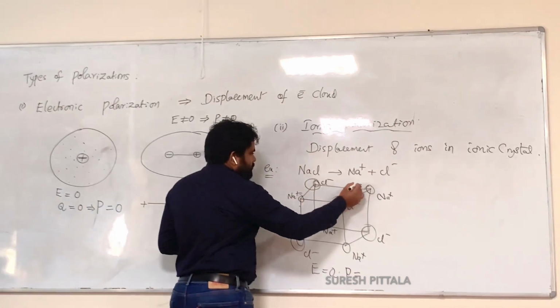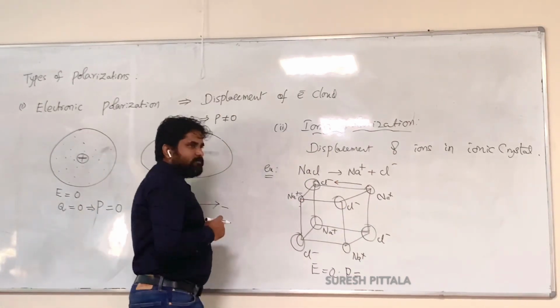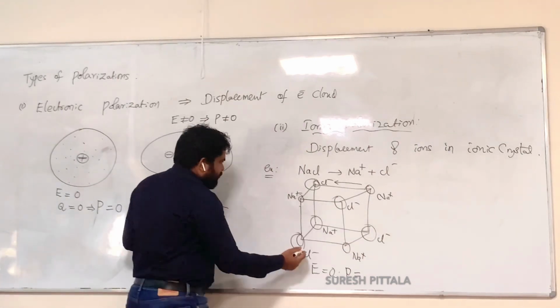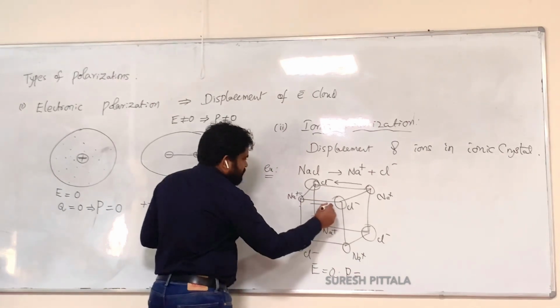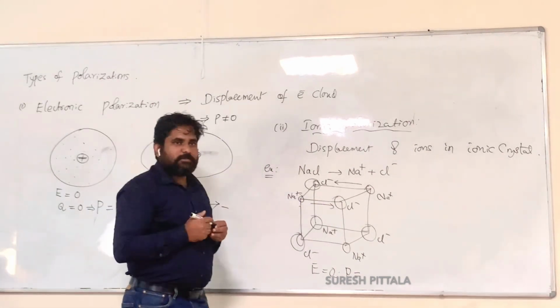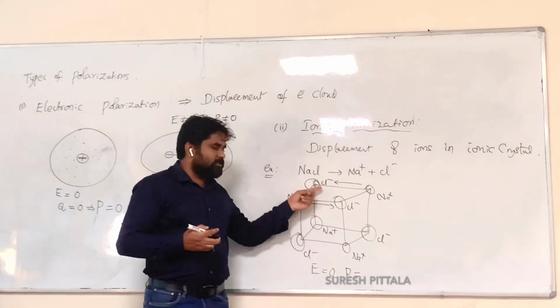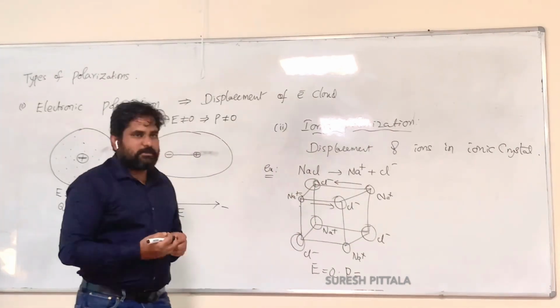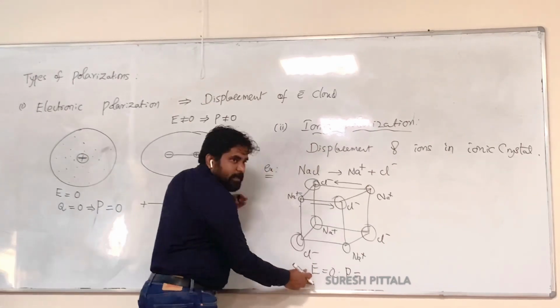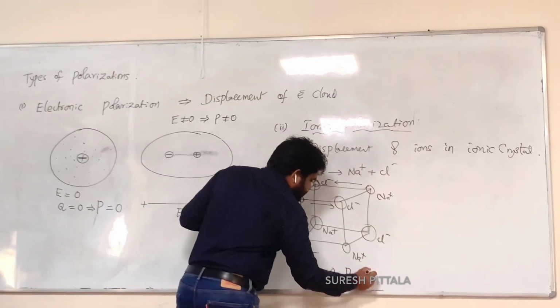This direction. If you consider another one, they are opposite. The magnitude is the same, the directions are different. Therefore, totally it becomes 0. So in the absence of the electric field, your polarization becomes 0 here also.